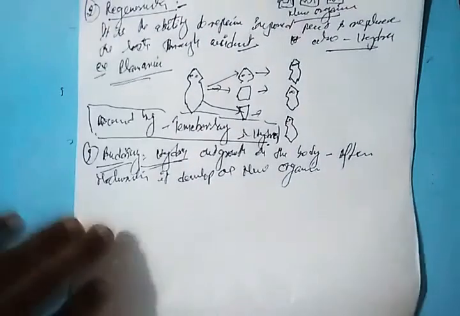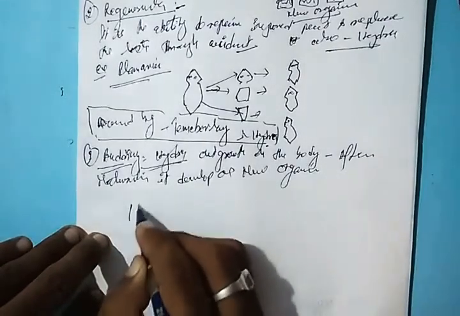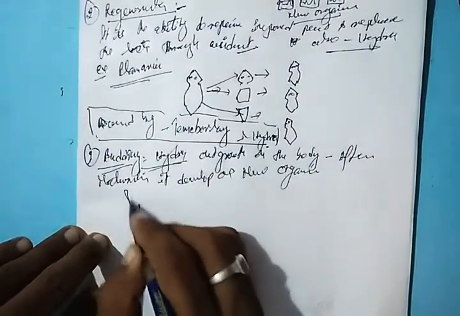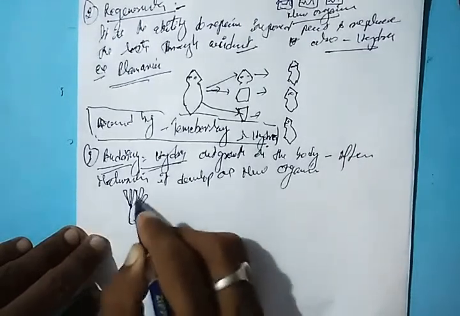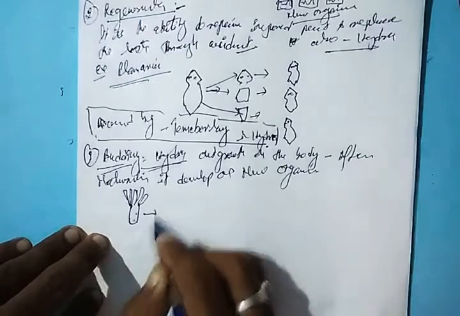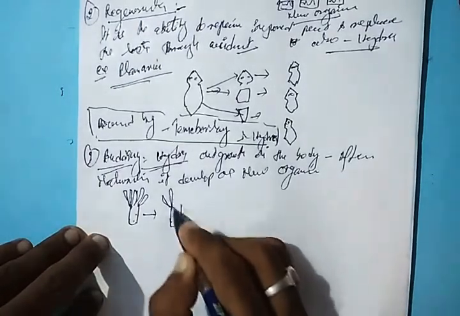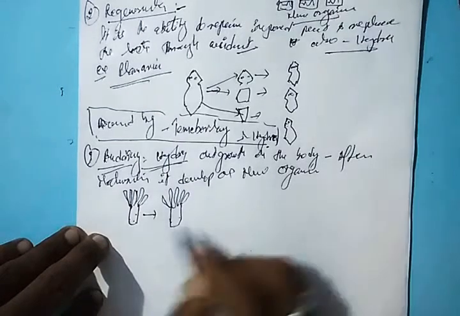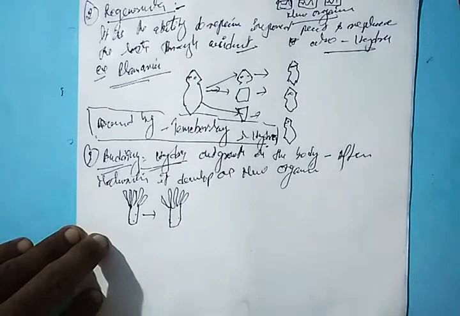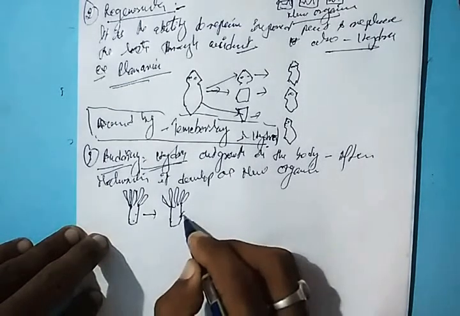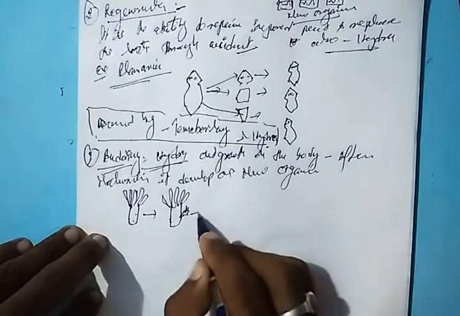Okay, what is the process? Suppose it is a hydra, it is the body and these are the tentacles. These outgrowths may be two or three or more. Suppose these outgrowths arise on the body part.